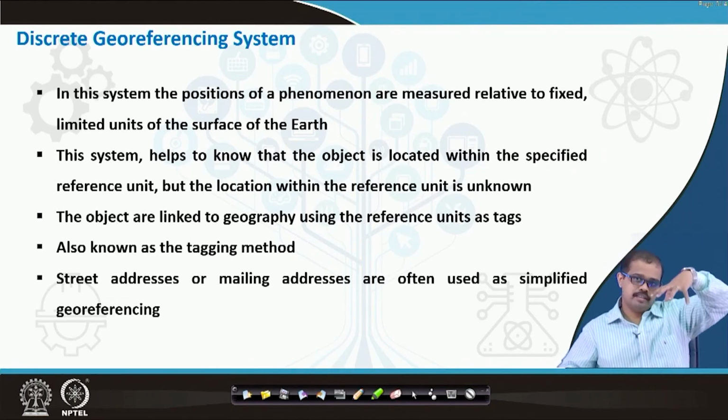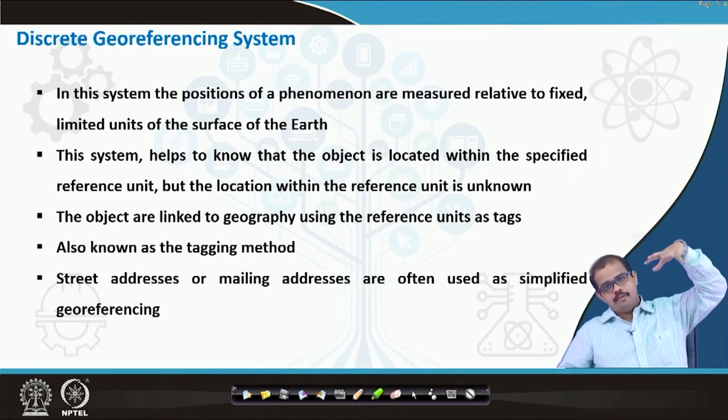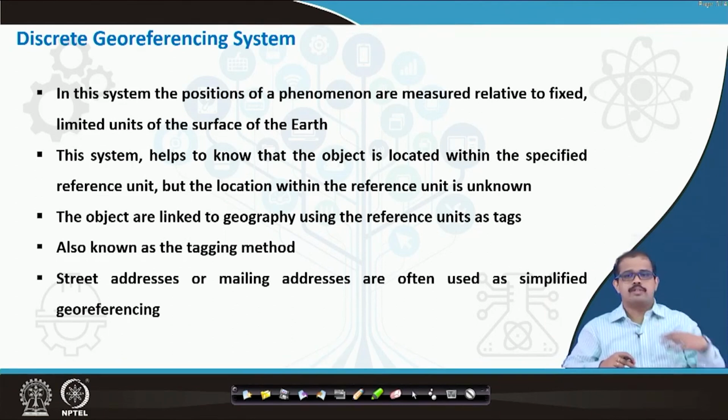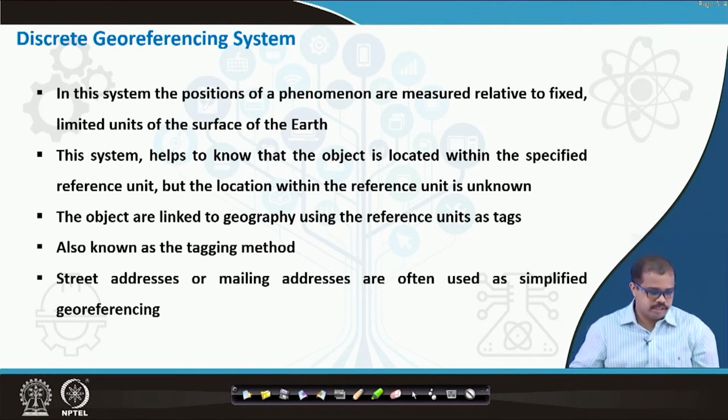If you take one building, or let us say one parcel, as a reference unit, the position within that reference unit is unknown, but with reference to that reference unit, the position is quite known. So that is one disadvantage of this particular system.